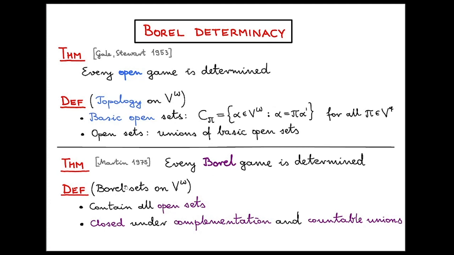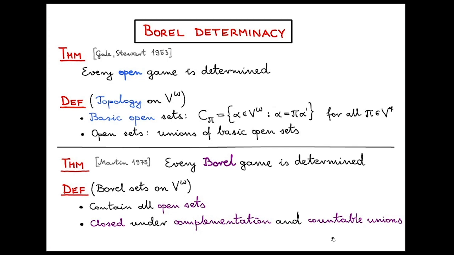And a natural hierarchy of sets of increasing complexity is the so-called Borel sets, which at the bottom of the hierarchy have open sets, and we say that a set is Borel if it can be obtained from open sets by two kinds of operations, either complementation or countable unions.